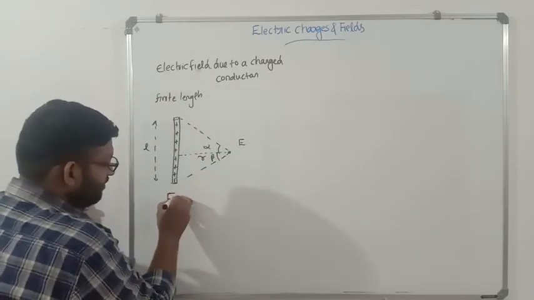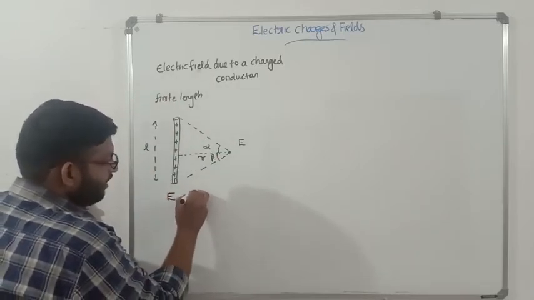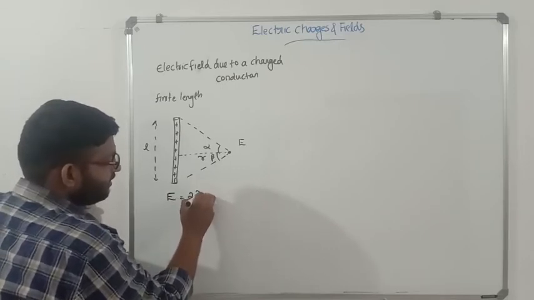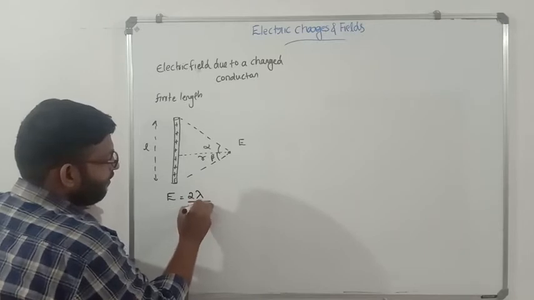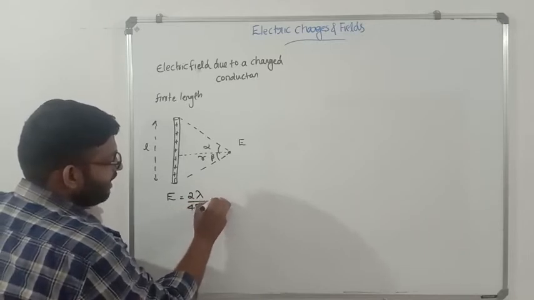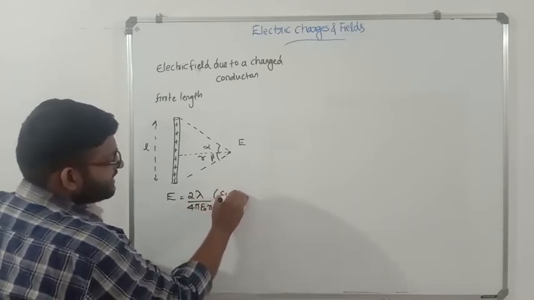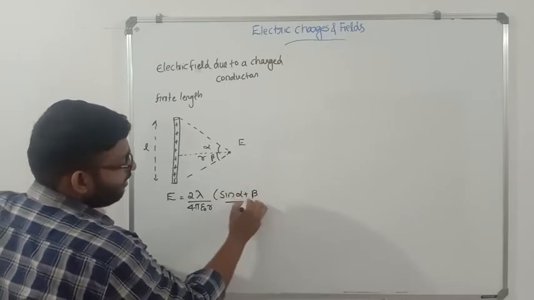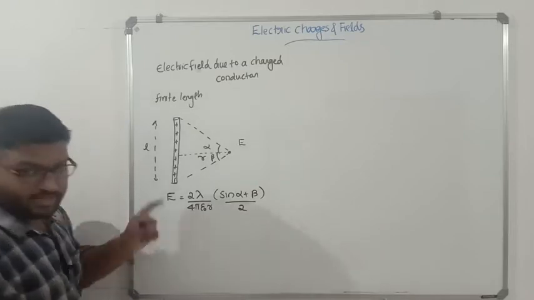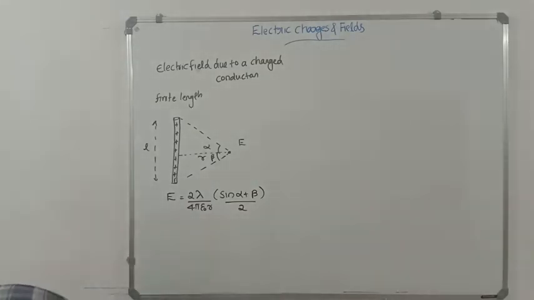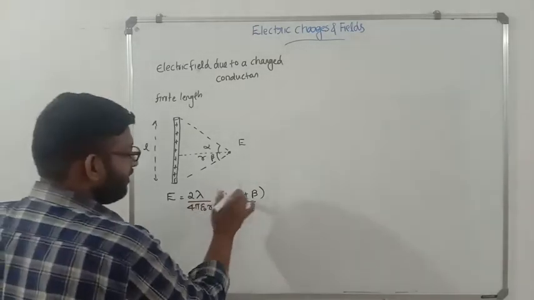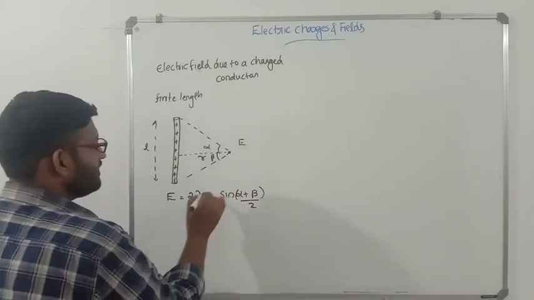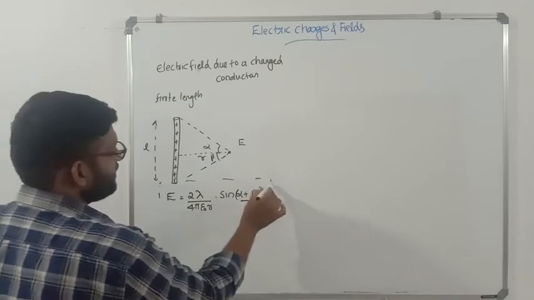That equation is equal to 2 lambda divided by 4 pi epsilon 0 r into sine of (alpha plus beta) divided by 2. Sorry, sine of (alpha plus beta) divided by 2. This is the relation we can use for this case.